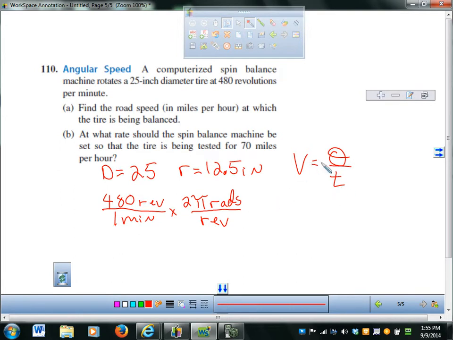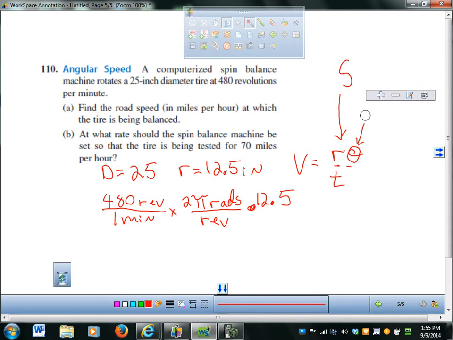Now I'm sorry, I want R theta. I know theta, but I'm going to have to multiply it by R, which is 12.5, to find my S. So R theta is S. Linear velocity is S over T, and S is R times theta.